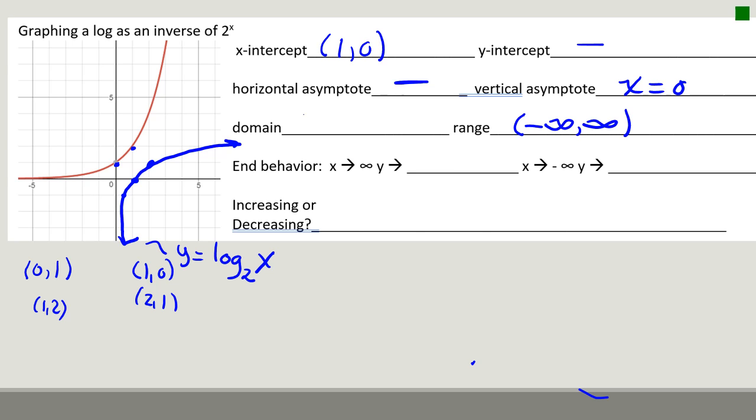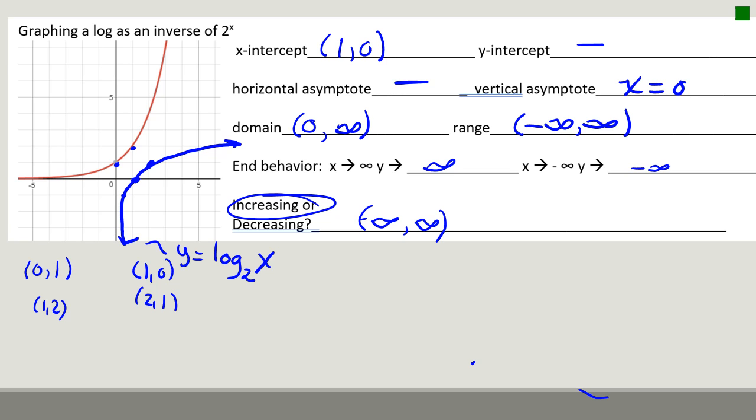My domain is going to be the one that's restricted, from 0 to infinity. My end behavior: as x approaches infinity, y approaches infinity, and as x approaches 0, y goes to negative infinity. And this time again, it's all increasing, from negative infinity to infinity.